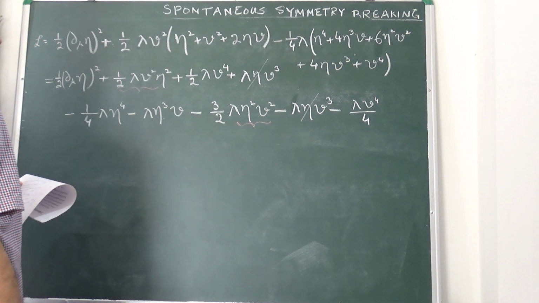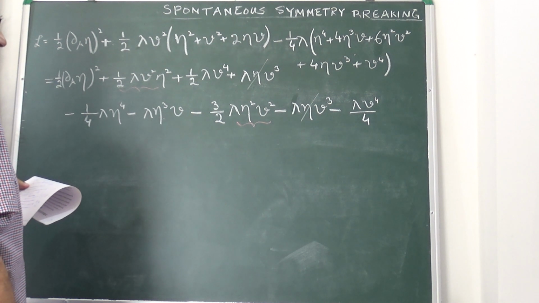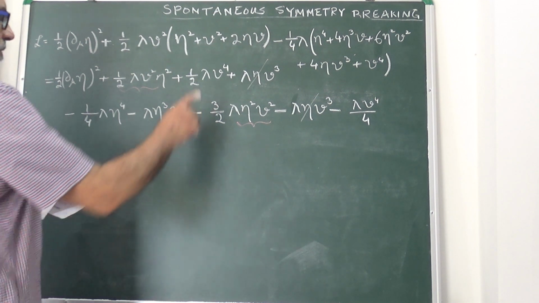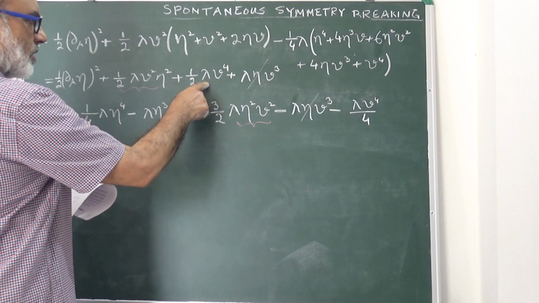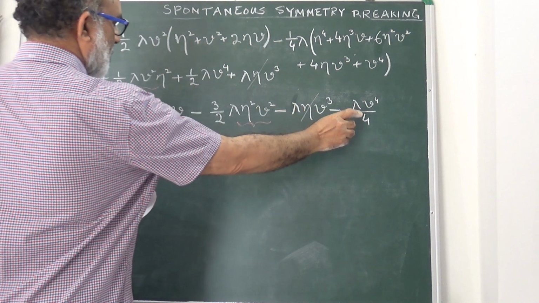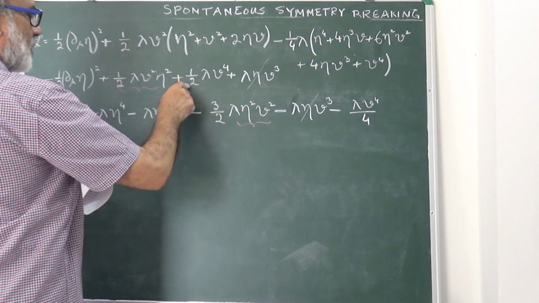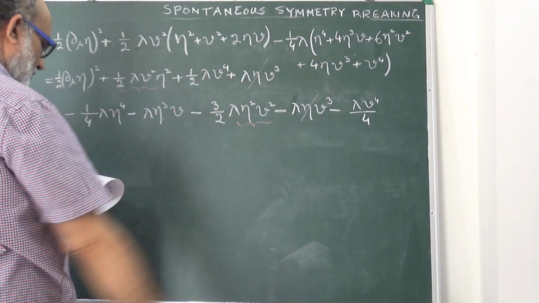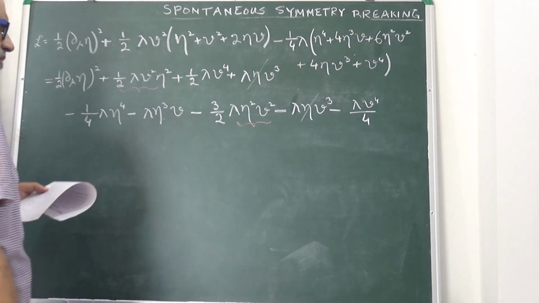And what about lambda b to the power 4? Lambda b to the power 4 here, lambda b to the power 4 here. 1 by 4 plus 1 by 2, so plus 1 by 4 lambda b to the power 4 plus half lambda b.